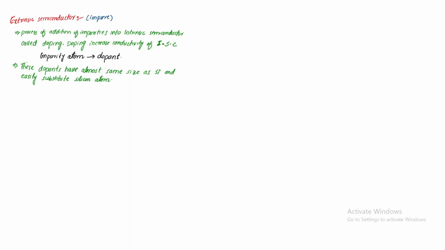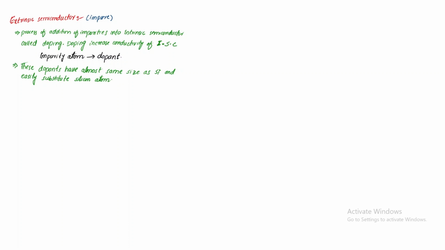The process of adding impurity into an intrinsic semiconductor is called doping, and the element which is added into the silicon crystal is called the dopant. So why are we adding impurity into the silicon crystal? Because we are interested in increasing the conductivity of the silicon crystal.